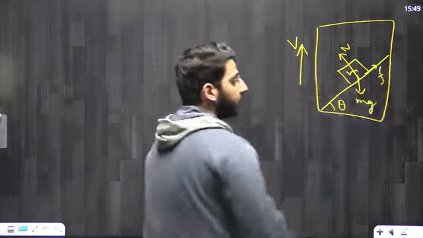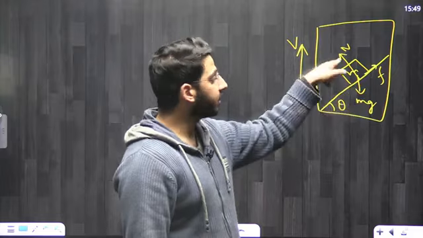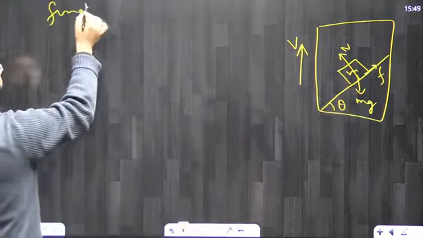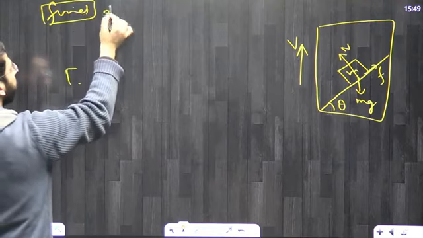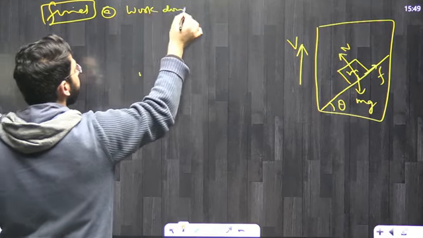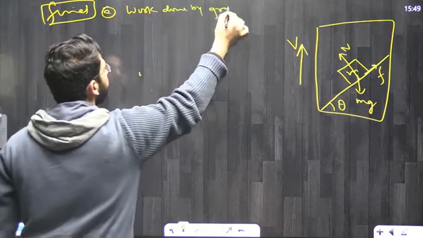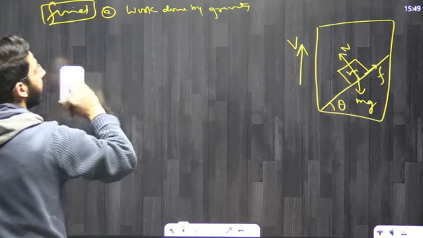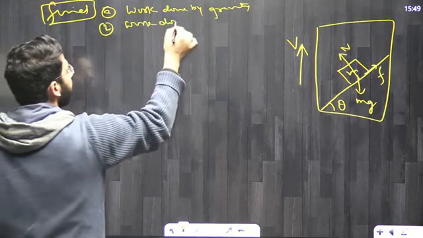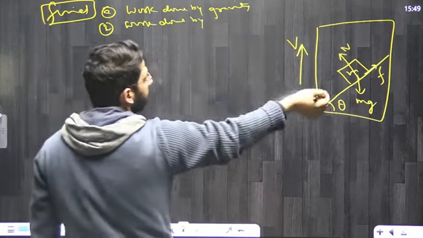So there are three forces: frictional force, gravitational force, and normal force. So the question is, find part A: the work done by gravity. Part 2: the work done by normal.